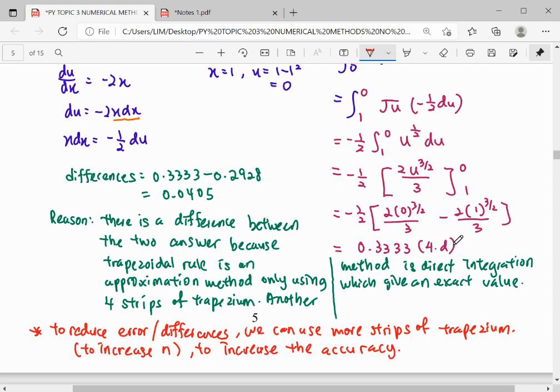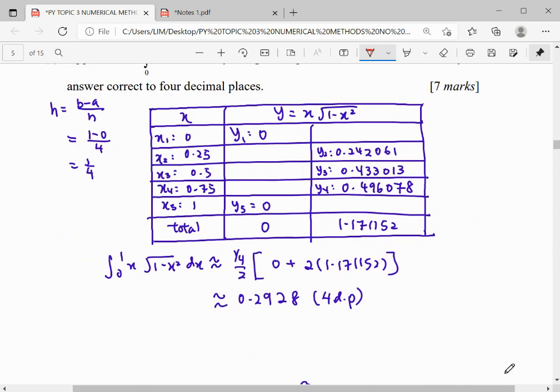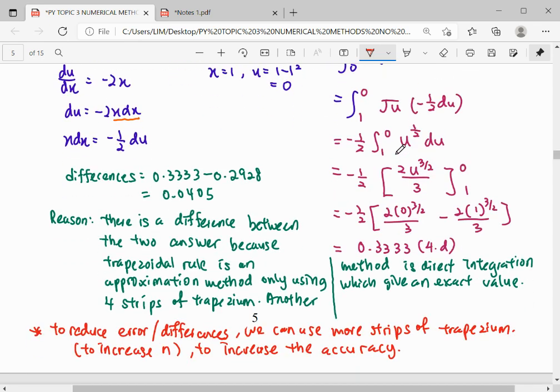So our error will become smaller and our answer will be more accurate. But of course, our table will become longer. That will bring us to a more accurate result.